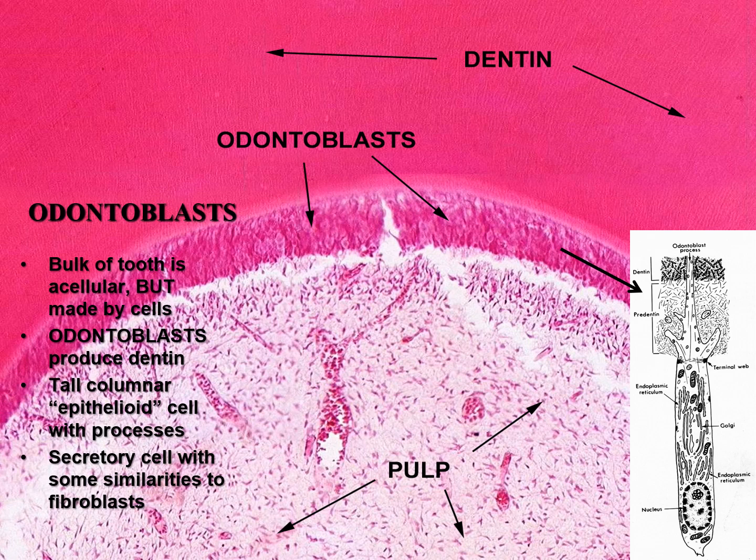So the first cell we have is the odontoblast. As we said, the bulk of the tooth is acellular, not composed of cells. In the dentin we have 80% and in the enamel layer around 99% minerals, while the collagen fibers and cells are limited.